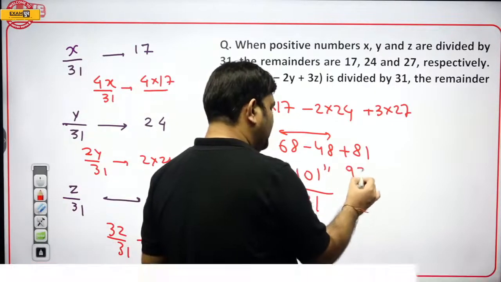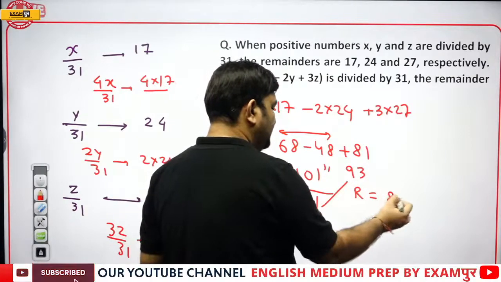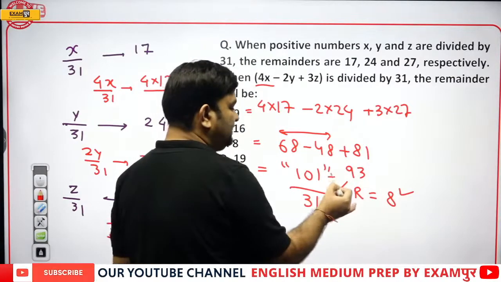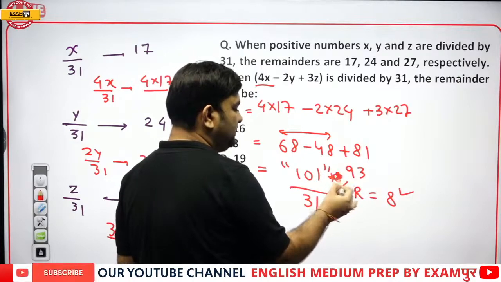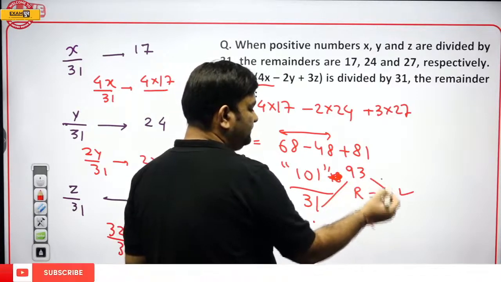So if 93 is completely divisible, 8 is the remainder. 93 plus 8 is 101.